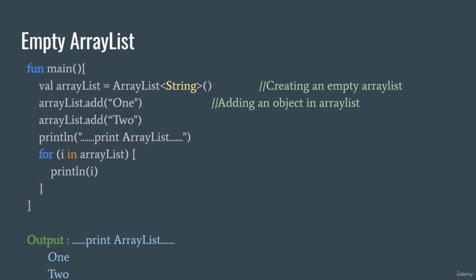For example, the array list add 1 and then array list add 2. So I'm adding 1 and 2 to this array list, meaning the written words, and then we can print this array list by using the for in loop here. So for i in array list, we print i, and that will output 1 and 2.